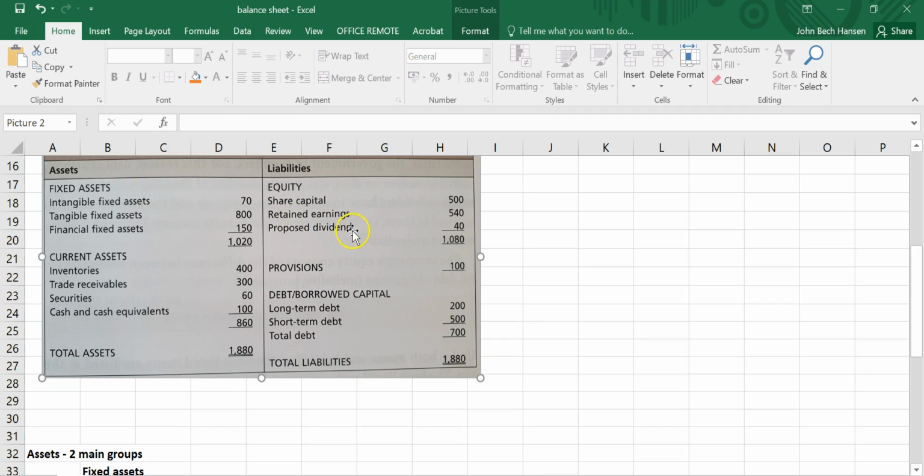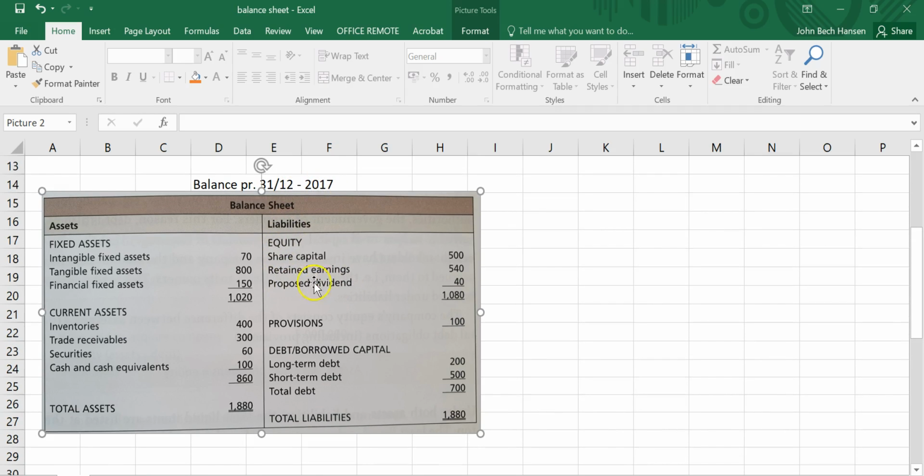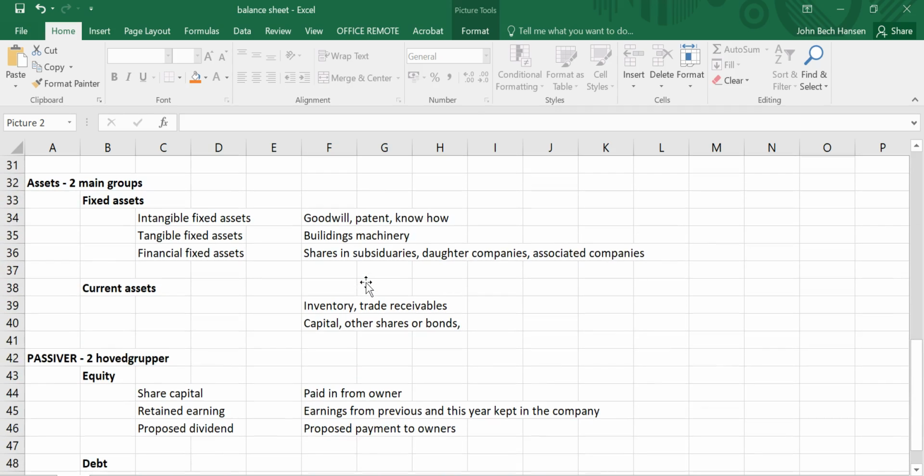And that's also the case this year, that the company suggests that next year, in 2018, we have proposed to pay out a dividend of 40 to our owners. But until it's paid, it will stay here as equity. Okay, so equity, we calculate total assets minus debt and provisions, and we can also find it from paid capital, retained earnings, proposed dividend. Okay.